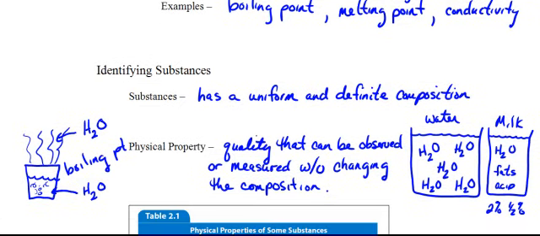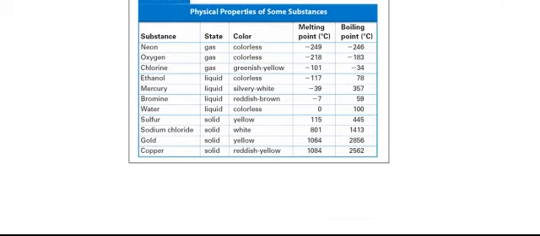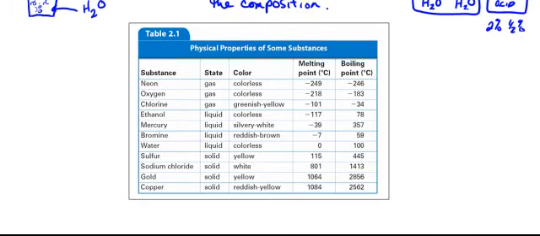If we scroll down, there we go. If we look down at table 2.1, this comes out of our textbook, you see a bunch of different physical properties of various substances. Again, here's water that we've been working with. Water is going to boil at 100 degrees Celsius. It is going to freeze or melt at 0 degrees Celsius.